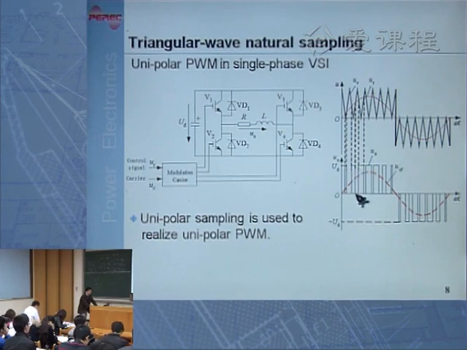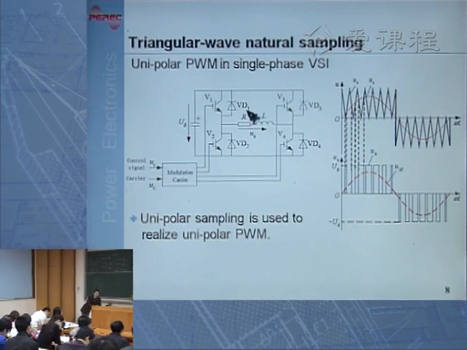Then I'm asking, how do we generate this zero output voltage? Is it clear? There are two ways, right? Two ways to generate this zero output voltage. What is it?